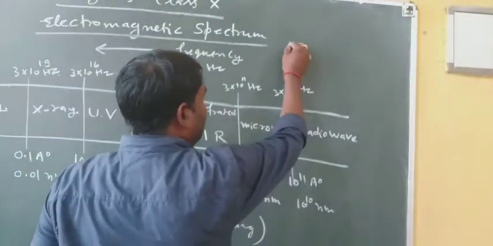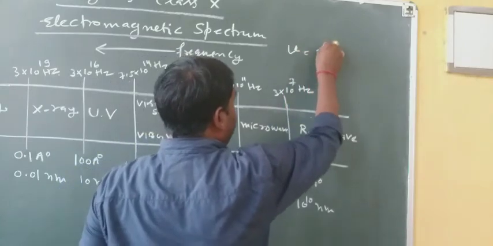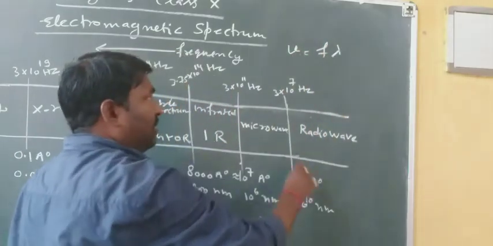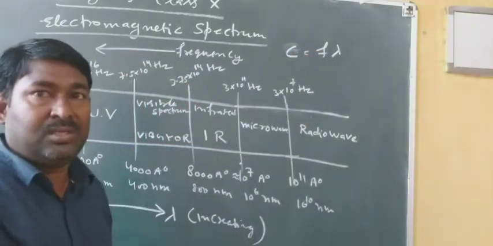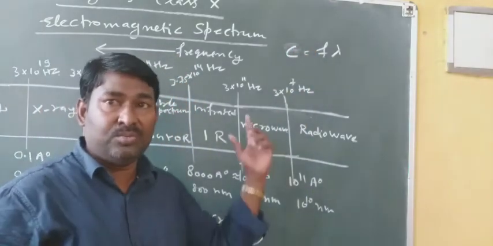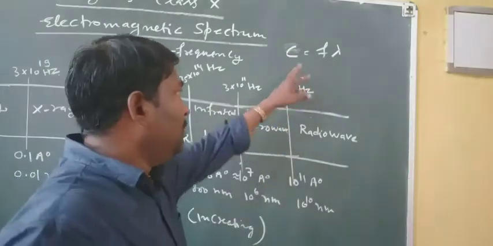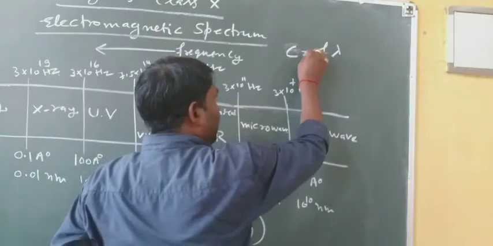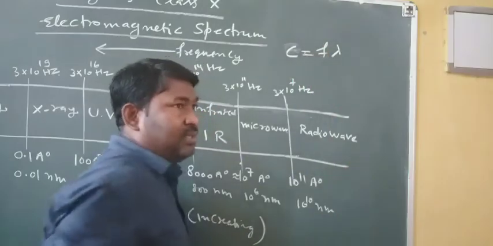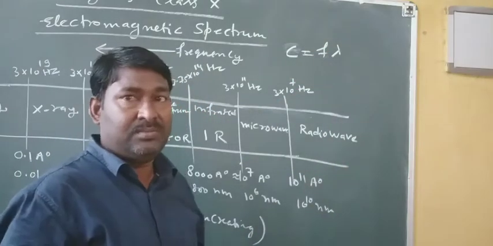Since you know that v is equal to f lambda, here v is the velocity, or you can call it c if a light ray is traveling in a vacuum or in air. Then c is equal to f lambda, where f is the frequency of the light and lambda is the wavelength.